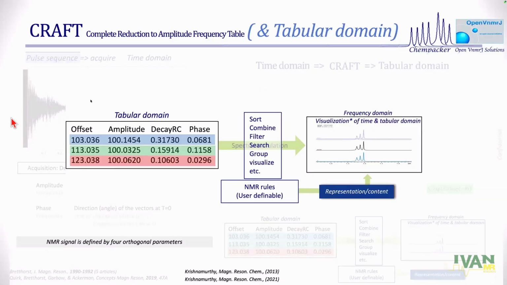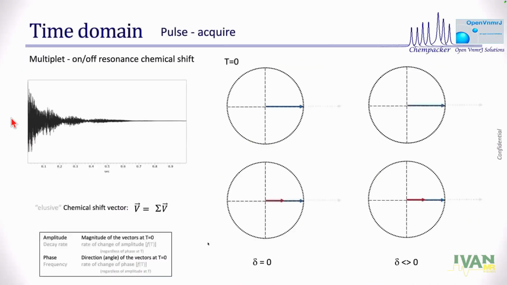Not how do I get the time to tabular domain, but what do we do with the tabular domain to visualization or frequency domain. So I'm going to focus on that. Most of our work in the past and in recent years as well is in that aspect of tabular domain, not in the decimation component of this workflow.